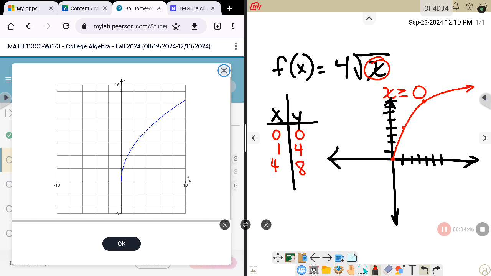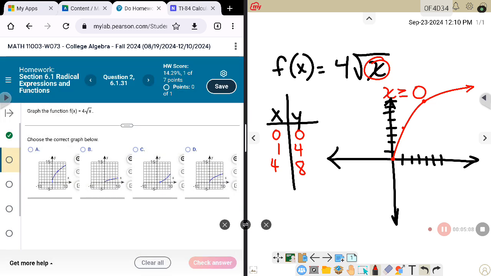So to the right 1, and then up 4. When you do that on this graph, since the hash marks are going by 2s, you're going to be right in the middle between 0 and 2, and then up to the second line for the y to get that 1, 4. Okay?